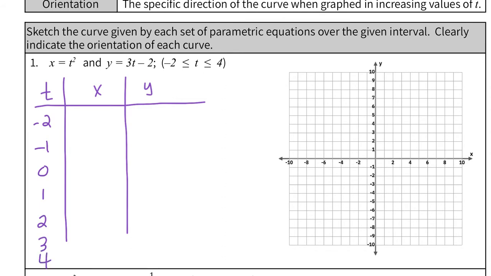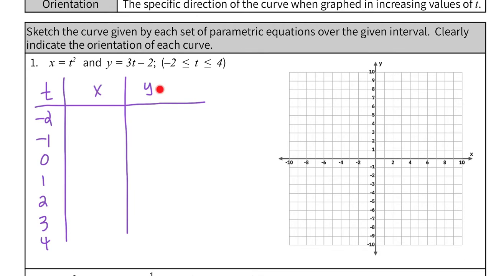Let me space those out better so we can actually have room to write. Okay, there we go. I just got that from the interval. It told me t is between those numbers.